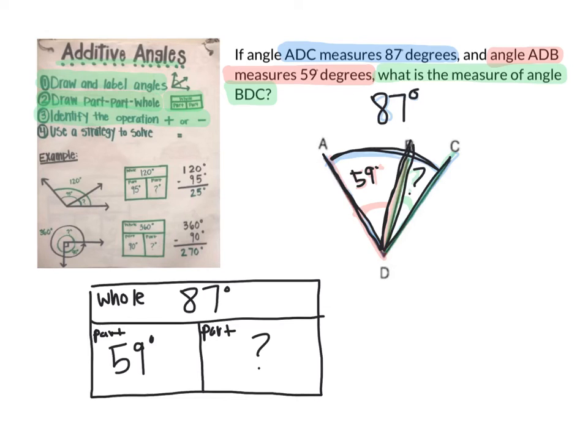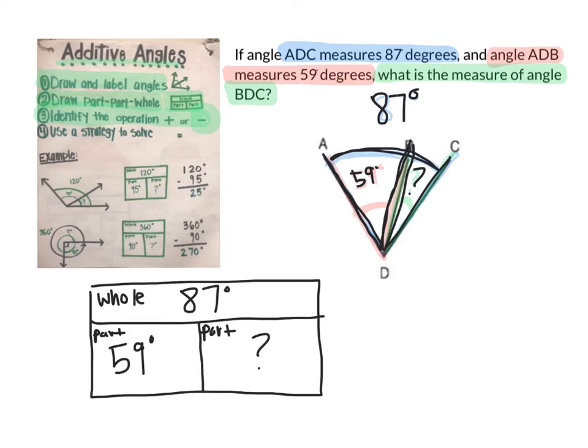If we were given our two parts, then we would add to find our whole or our total. But in this case, we are already given our total. We have one part, and we also have a missing part. So to solve for a missing part, we are going to subtract.